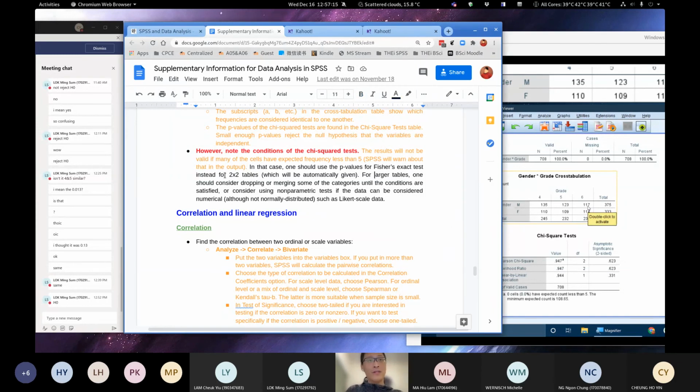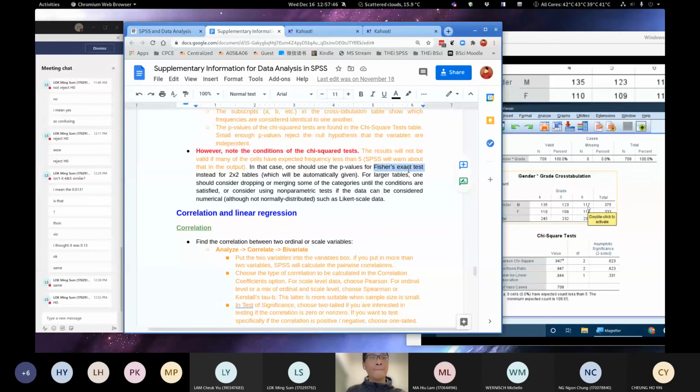Another way to do it is to reduce your table until it becomes 2 by 2. When you have a 2 by 2 table, SPSS will show you another test result, which is called the Fisher's exact test. This one is not affected by the small expected count issue, and in that case, you can use this test in place of the chi-square test.